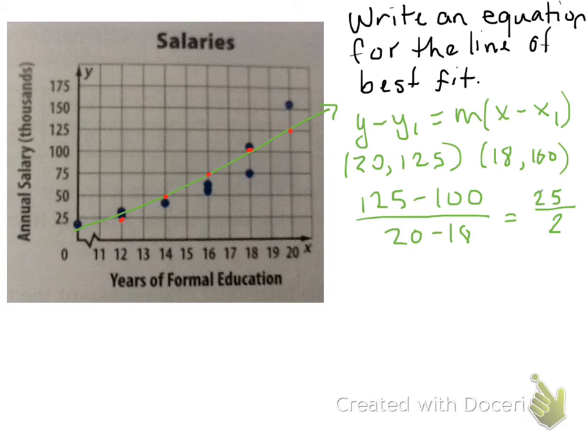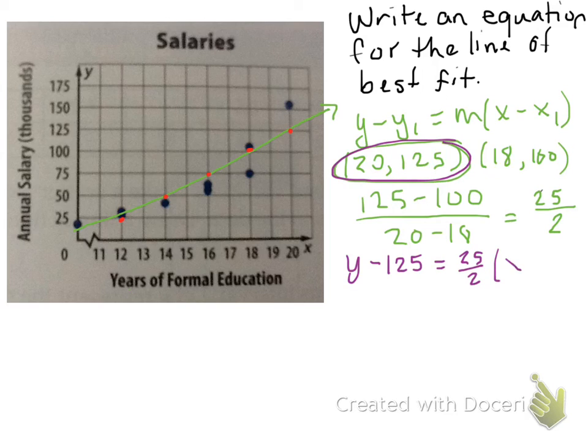So then I'm going to pick 1 point to plug into my equation. I'm going to use this one because they're prettier numbers. So we got y minus 125 equals 25 over 2 times (x minus 20).